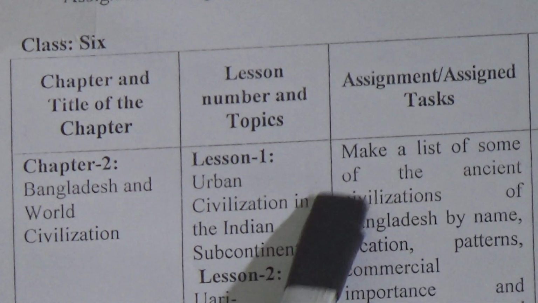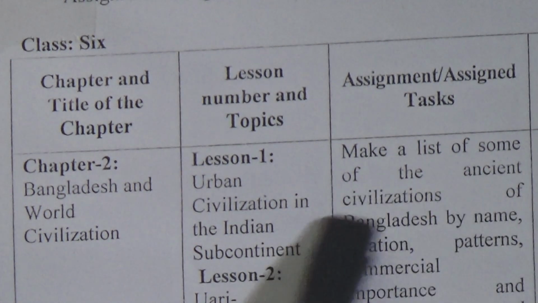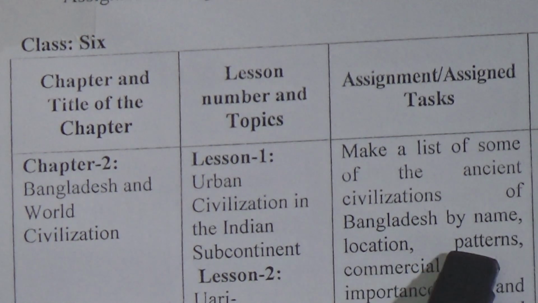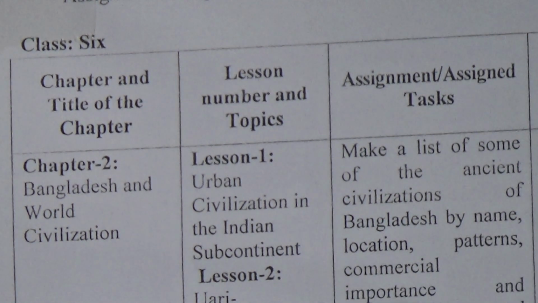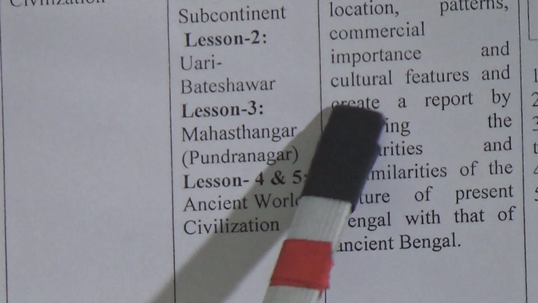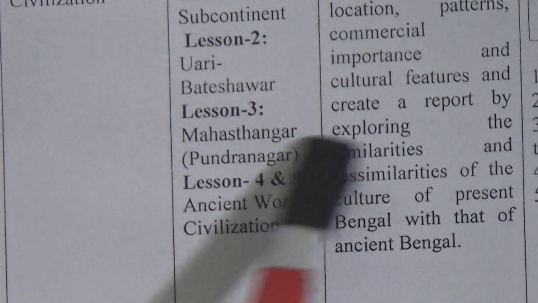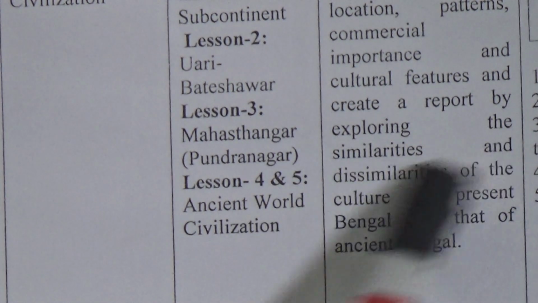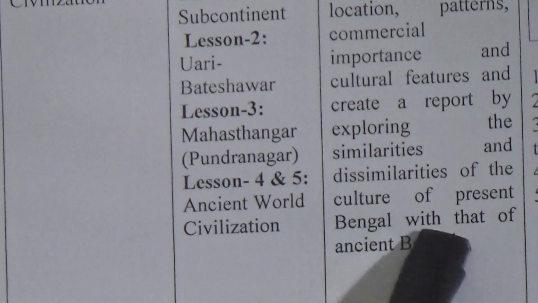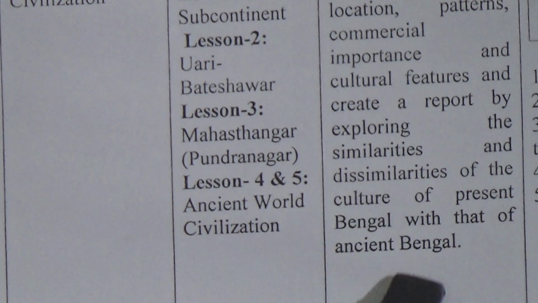Make a list of some of the ancient civilizations of Bangladesh by name, location, patterns, commercial importance and cultural features, and create a report by exploring the similarities and dissimilarities of the culture of present Bengal with that of ancient Bengal.